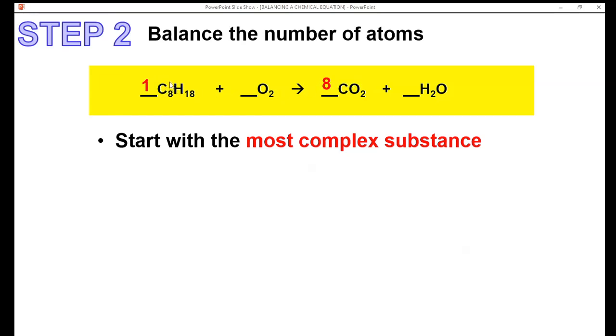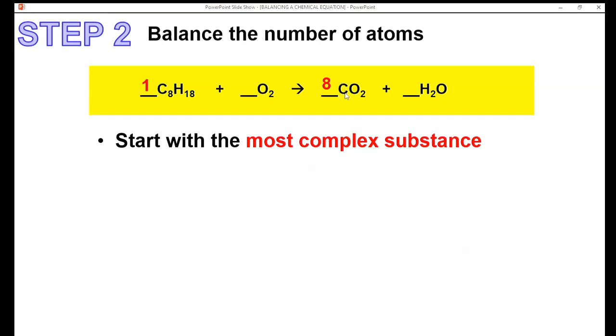Since in octane there are 8 moles of carbon atoms, we need to put 8 at the front of carbon dioxide, because we want to balance the number of carbon atoms in carbon dioxide and in octane. So 8 carbon atoms here and 8 moles of carbon atoms in carbon dioxide.